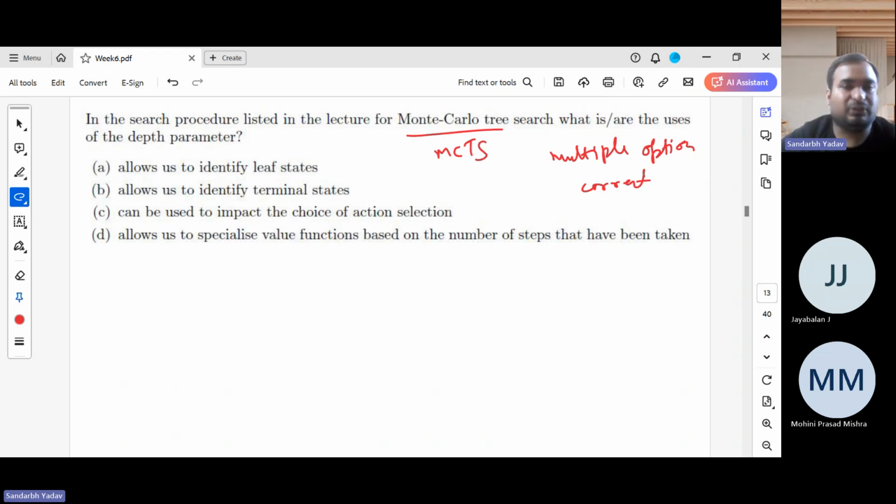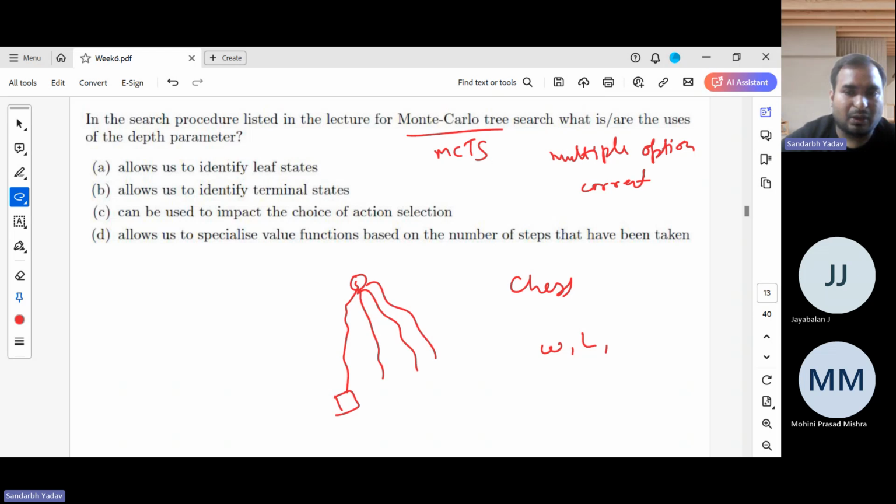What is the depth parameter? Suppose we are at some state S and we want to estimate its value. Sometimes this happens, usually in games like chess, that the trajectory we can obtain ends in a terminal state, say win, lose, or draw.